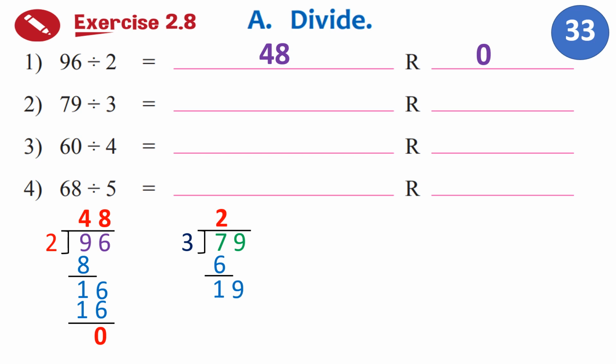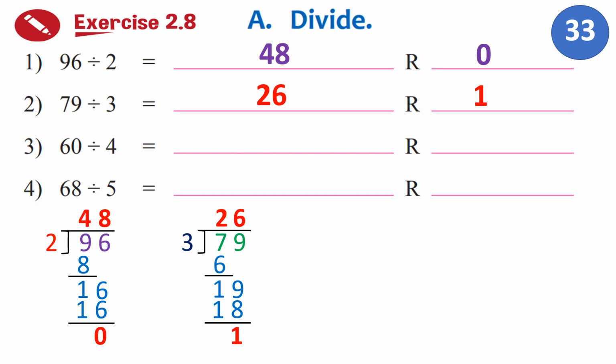You have now 19. 19 divided by 3, you have only 6. 6 times 3 is 18. 19 minus 18, the answer is 1. Your answer for number 2 is 26, then remainder 1. Correct, students?